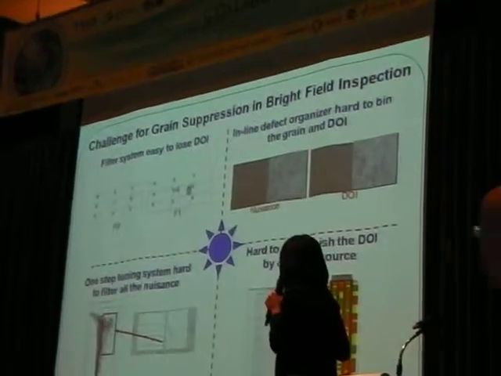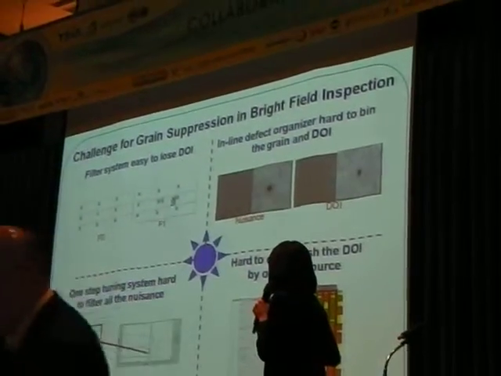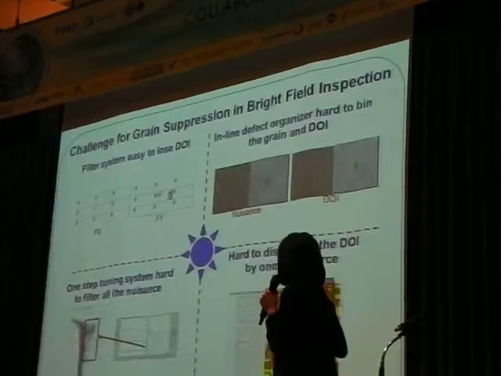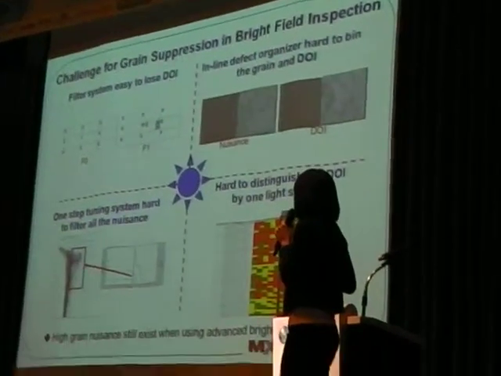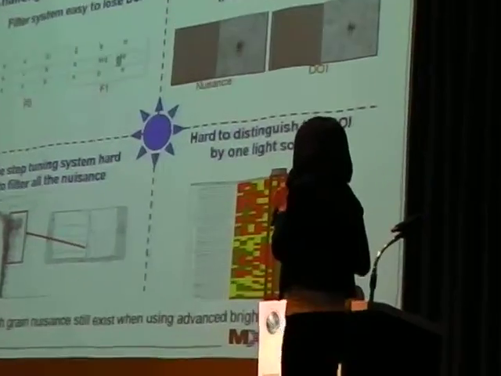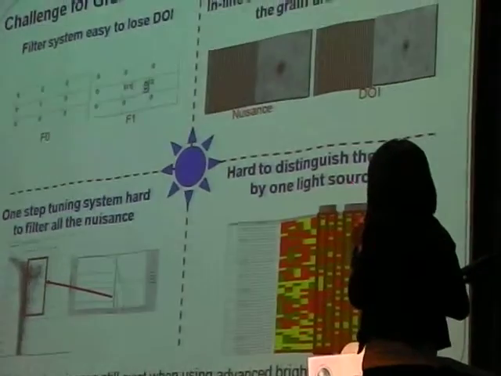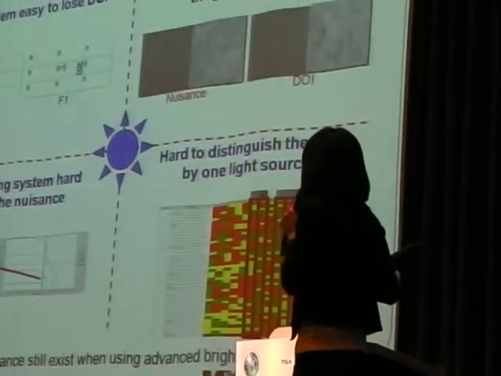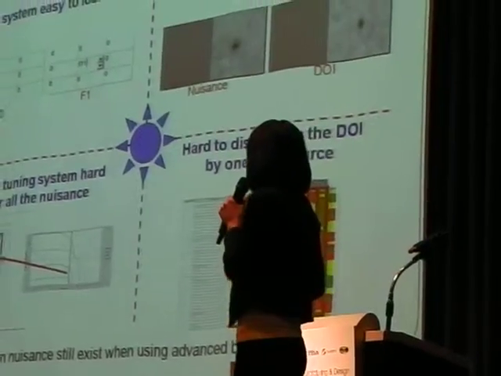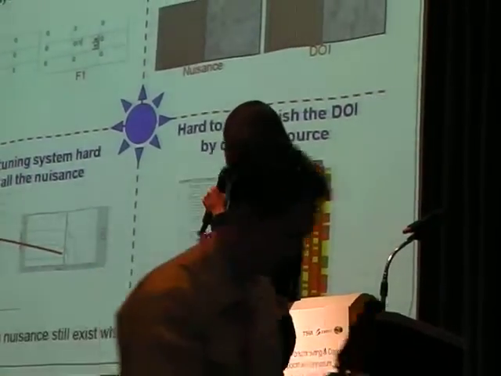And when nuisance and DOI have the same grayscale, we cannot easily filter the nuisance on the one-step tuning system. And it is hard to distinguish the DOI by one light source. So on this advanced wide field inspection tool, we still have the ground nuisance issue.